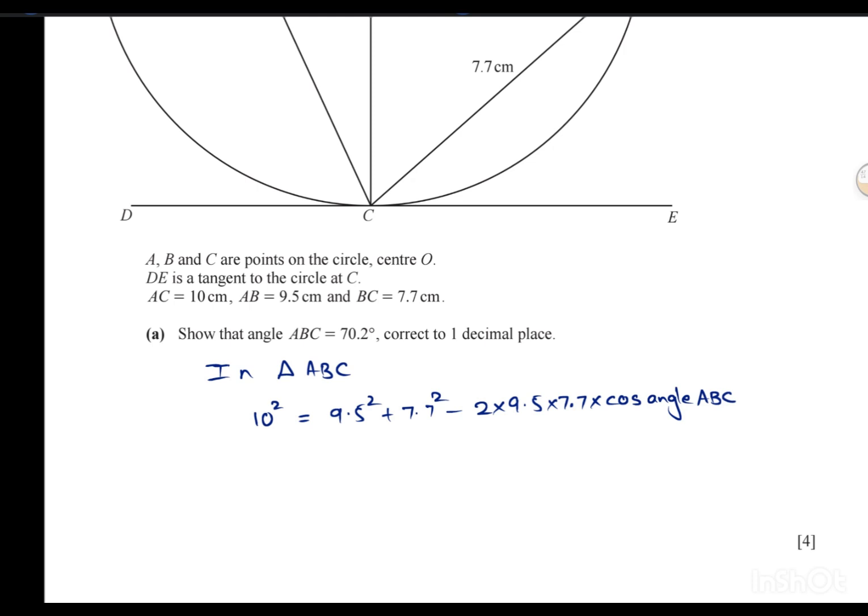Now rearrange, keeping cos on the left-hand side. Let me flip the equation first.